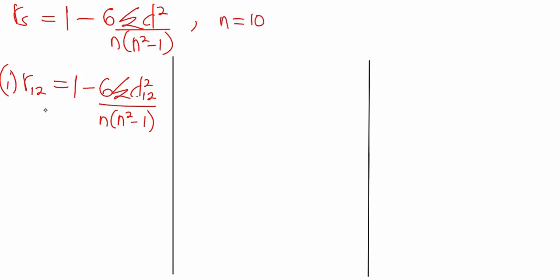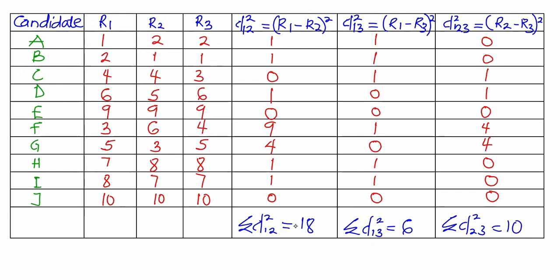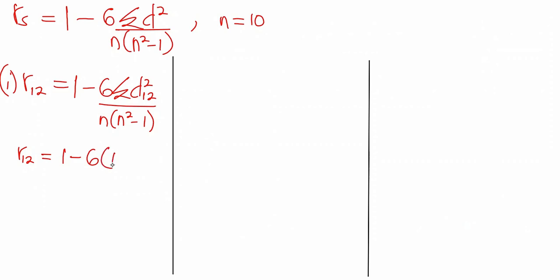Now that we have it, we proceed with our Spearman rank correlation for examiners 1 and 2 as R of 1, 2, which is equal to 1 minus 6. Now the summation of d squared with respect to examiner 1 and 2 was giving us 18. So we go back and substitute the value here. So we have into brackets 18, all divided by, we also remember that our n is 10. So we do that substitution here.